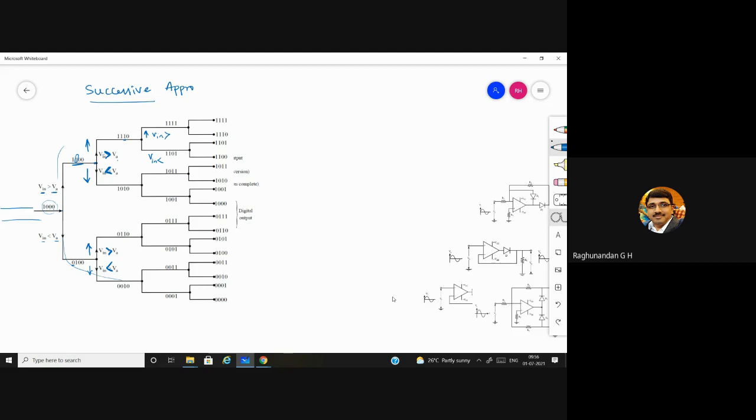So now 1111 will come. This is the maximum value which we can have, since it is a 4-bit ADC. Suppose input is lesser than this value, then what we do is we take the value which we changed in the previous state, see, this is the value which we changed in the previous state, and make it 0, and the present value we make it 1.